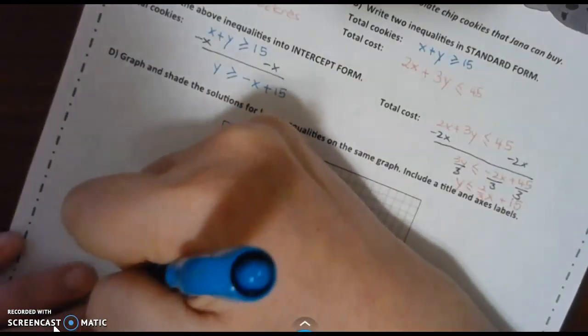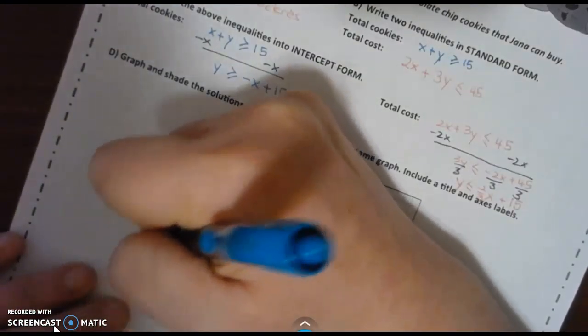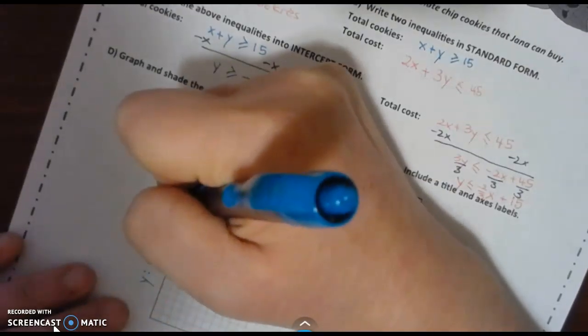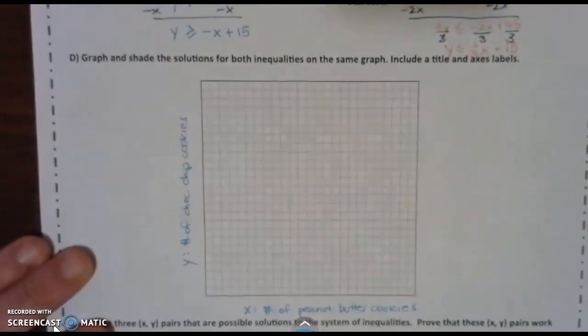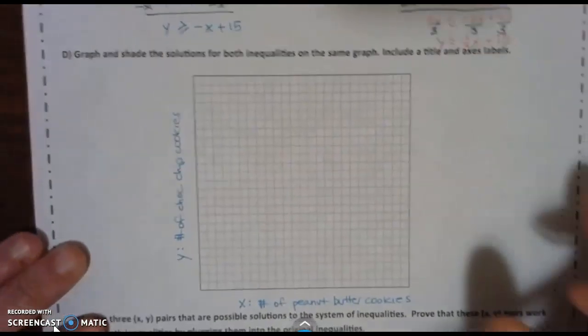So y is number of chocolate chip cookies. Okay, it's blurry right now because I moved it around. Okay, let's try that. Good.